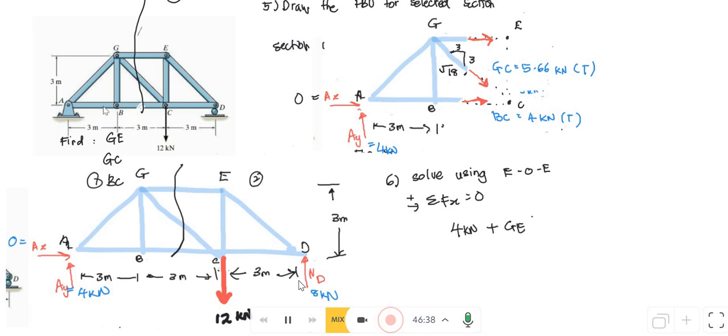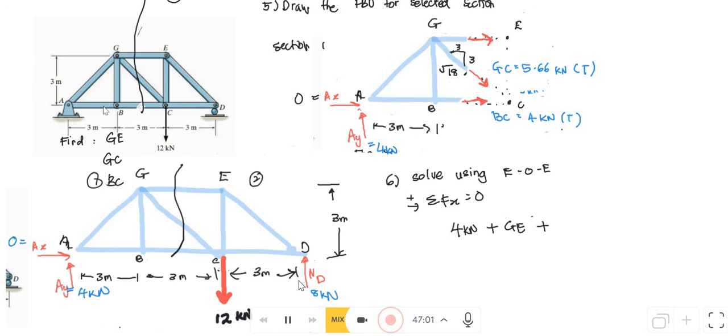Another careless mistake that students always make is forgetting that GC also contributes an X component in the equation. So you have to put the X component for GC. We know that this is also in tension, so it will be positive.